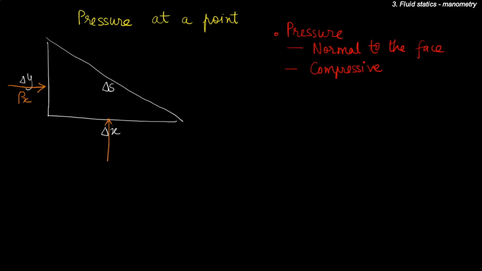The pressure on this face will be py. Similarly, the pressure on the slant face will be normal to the slant face, and this pressure, let us call it p.